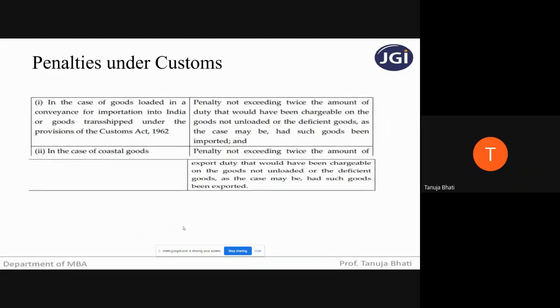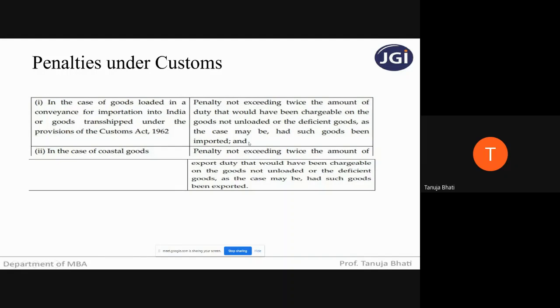Later, there are also penalties in case of goods loaded in a conveyance for importation into India or goods shipped under the provisions of the Customs Act 1962. So the penalty not exceeding twice the amount of duty that would have been chargeable on the goods not unloaded or the deficient goods, as the case may be, had such goods been imported.